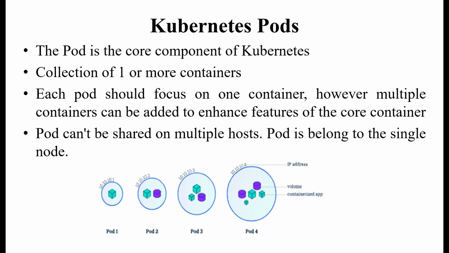Suppose with Docker Compose, instead of using the app container and the database container separately, we can group them with the volumes of those containers and everything as a single pod. That means the complete WordPress application, which has the app container and the database container, with the volumes, we can group as a single pod.